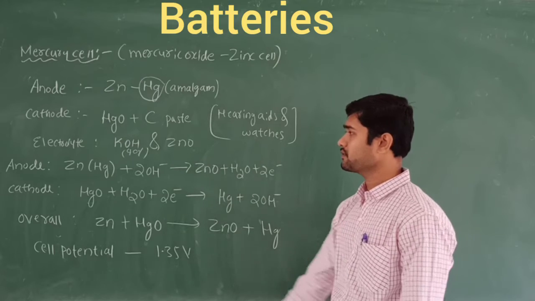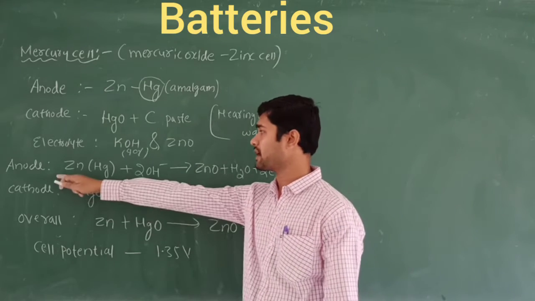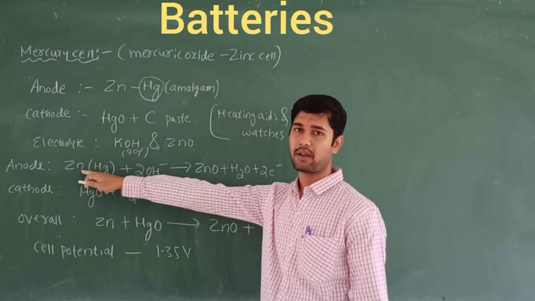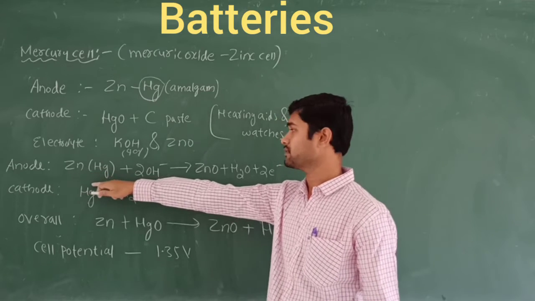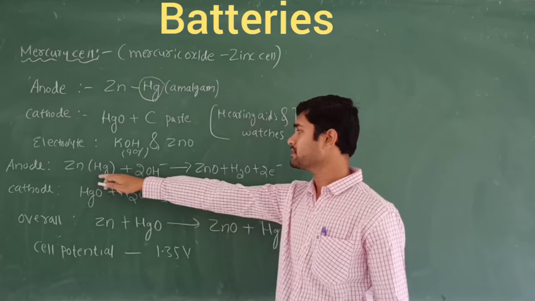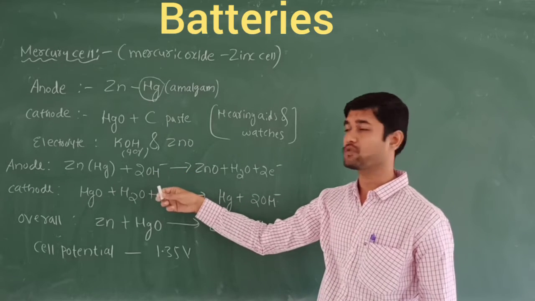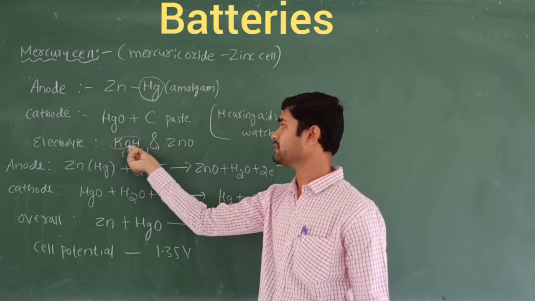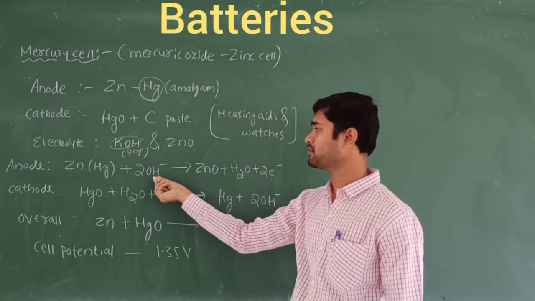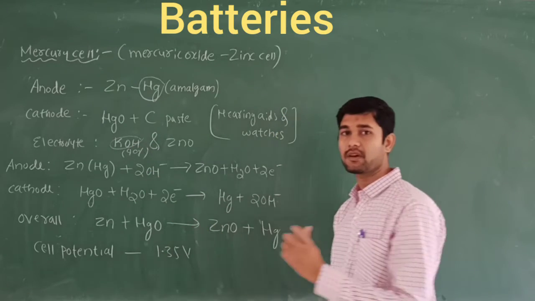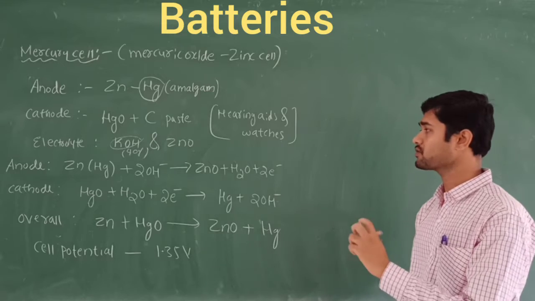So let's take the reactions here, the anode reaction. Zinc amalgam acts as the anode, and we have 2 OH minus from the electrolytic solution KOH. Anode means oxidation, that is loss of electrons.